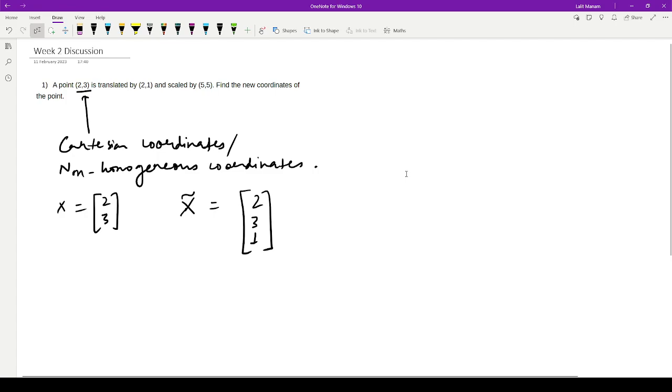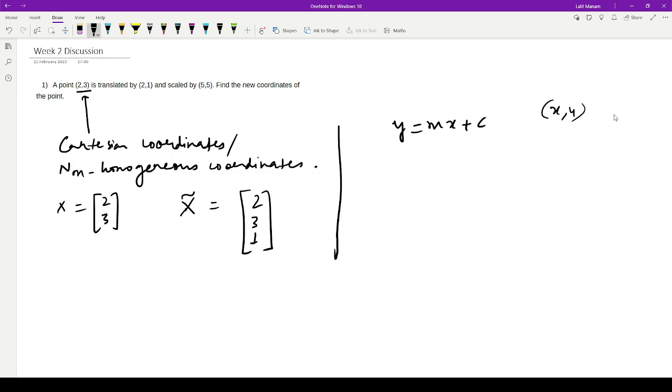So I'll give you a simple motivating example. It has multiple advantages, but I'll just give you one example of why you would like to use homogeneous coordinates. The general line equation in 2D is y equals mx plus c. So what are the coordinates here? x and y.